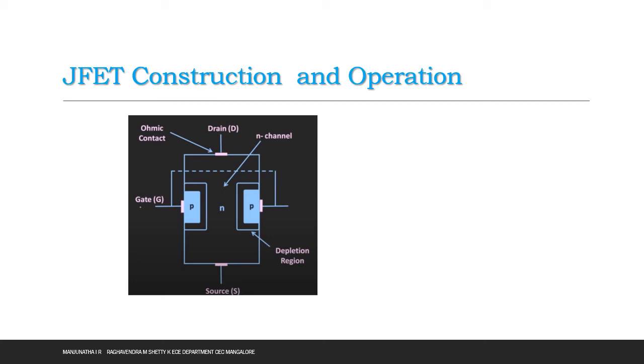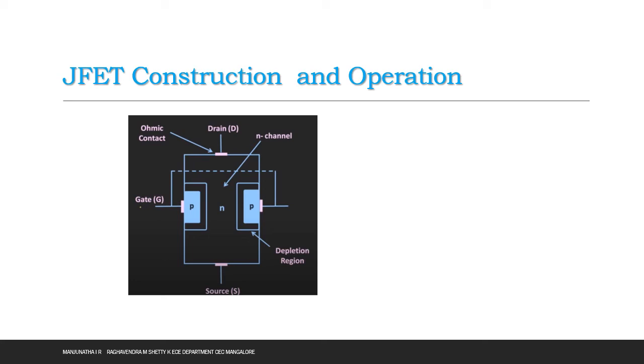Okay. Now, the N-channel JFET device drives the current between the drain and source, and that current can be controlled by the supply voltage that we are providing to the gate.